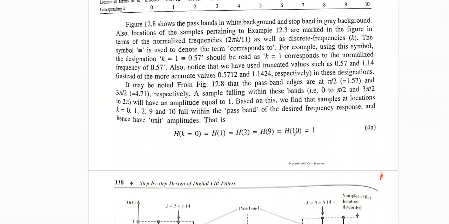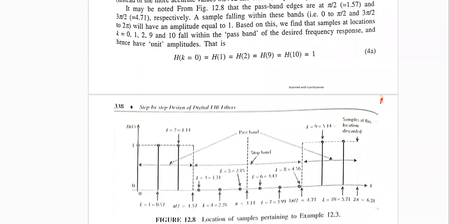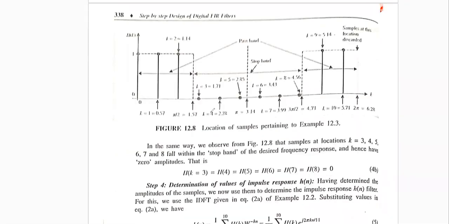So forget about this. We have H0, H1, H2 and H9 is equal to 1. From this diagram, you can find it very easily, and it is described here. This is 0, this is for 1, this is for 2, the value is given, and this is the third sample. The third sample is out of pi by 2, that's why it's 0.